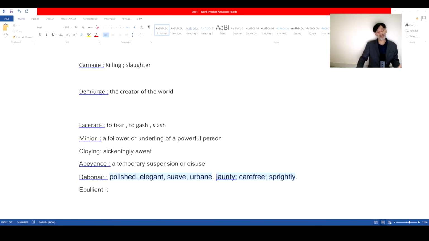Something that is exuberant, overflowing as in spirits, very cheerful, very enthusiastic, spirited, ebullient. I'm just writing the dictionary word here: cheerful and full of energy. Overflowing with energy.